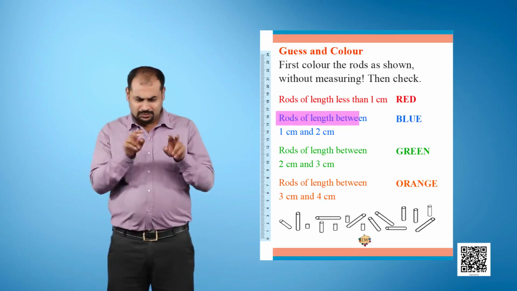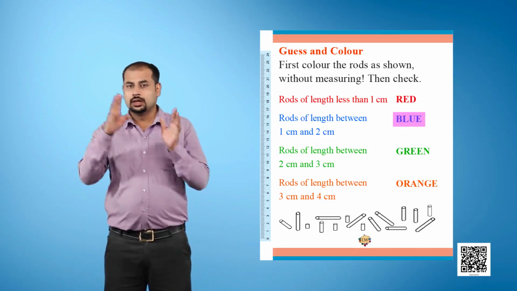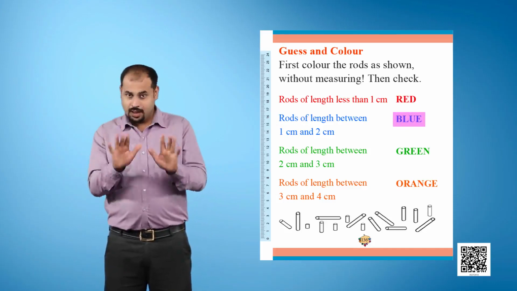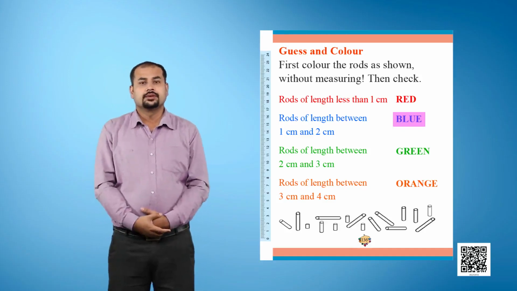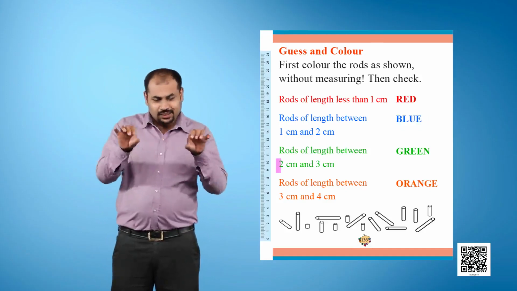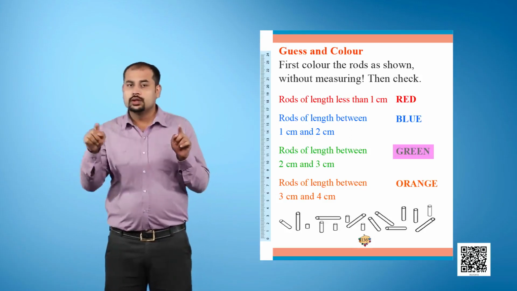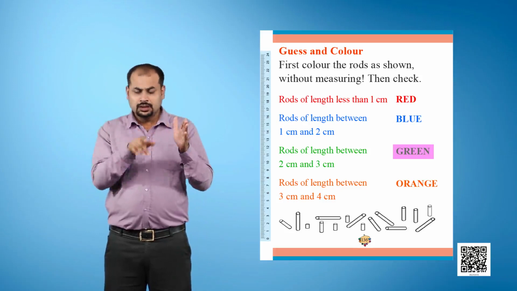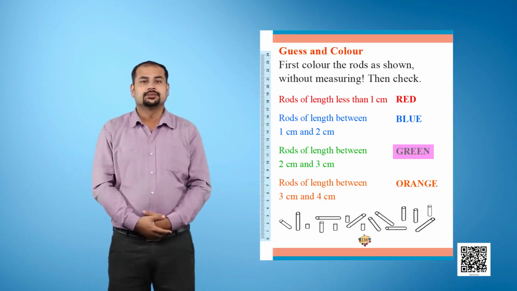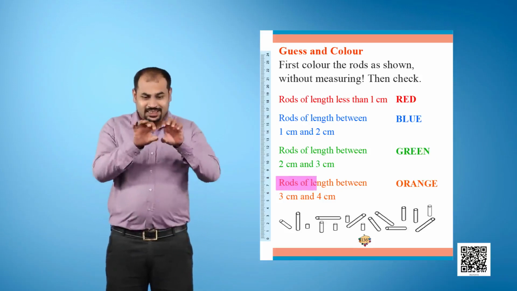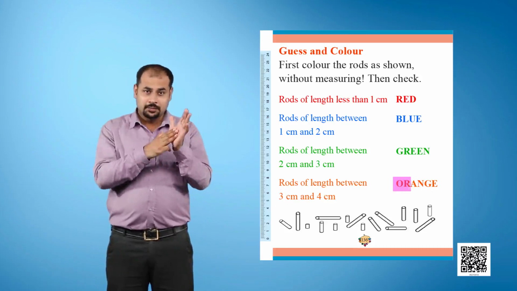Rods of length between 1 centimeter and 2 centimeters, blue. Rods of length between 2 centimeters and 3 centimeters, green. Rods of length between 3 centimeters and 4 centimeters, orange.